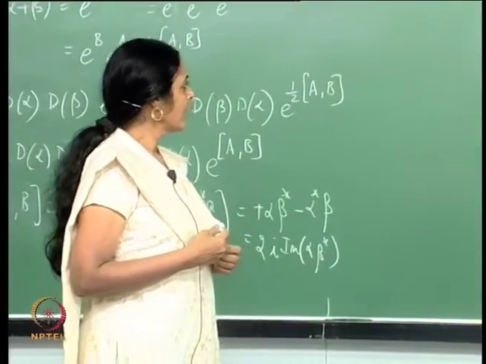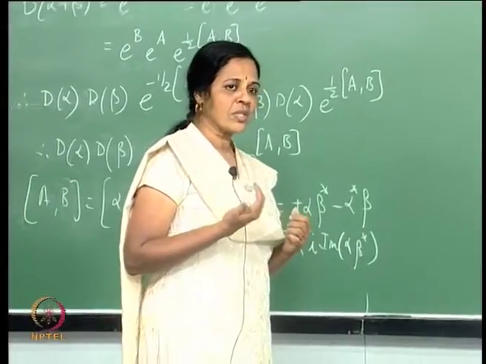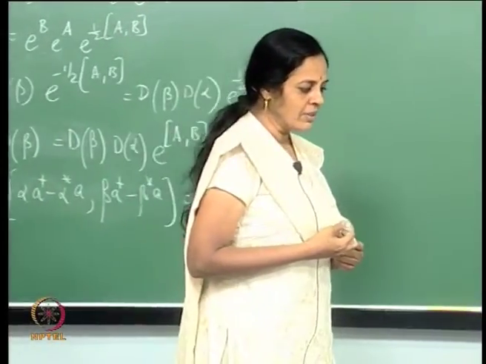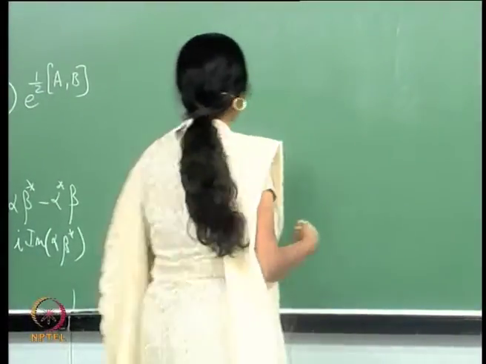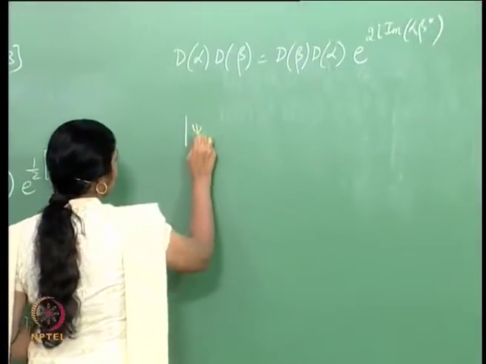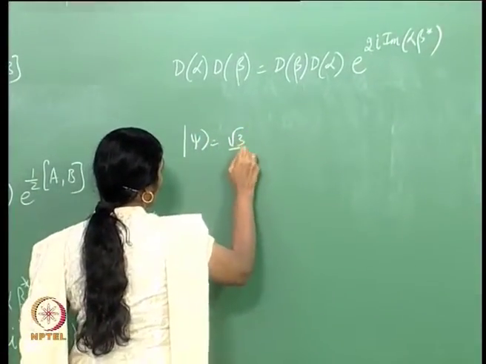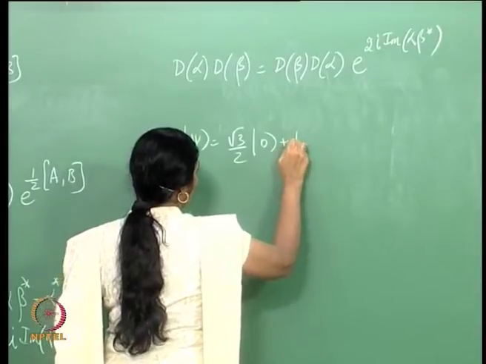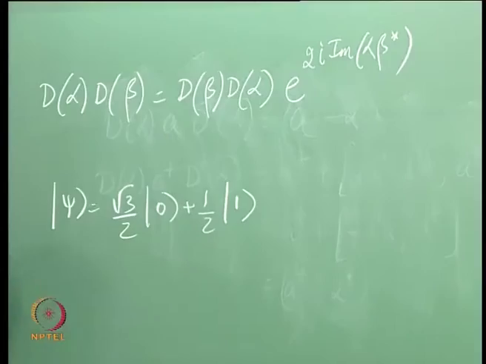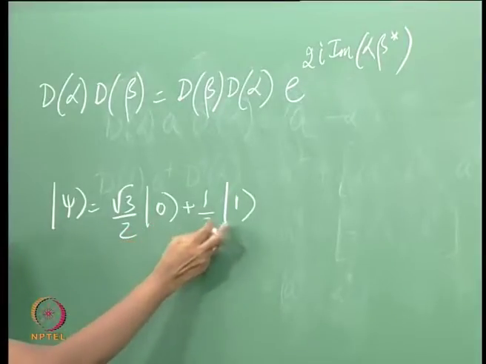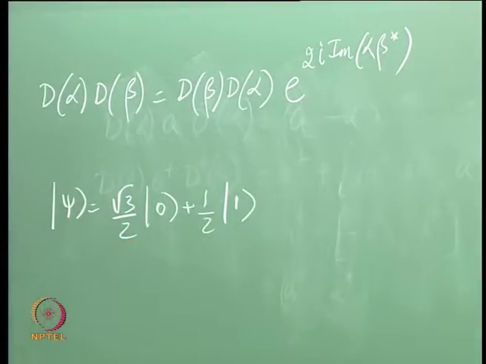An example of squeezed light has already been given earlier. We had the state psi, which is root 3 by 2 ket 0 plus half ket 1. So, this was a specific squeezed state which was a superposition of the 0 photon state with the 1 photon state.